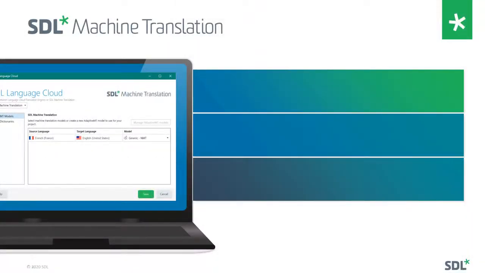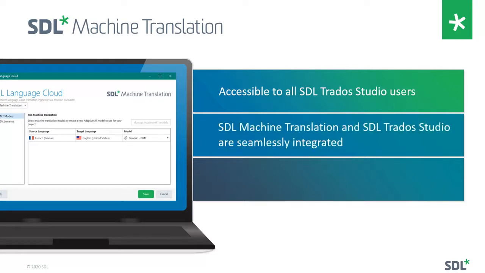SDL's state-of-the-art Neural Machine Translation (NMT) is now accessible to all SDL Trados Studio users through our seamless integrations with SDL Machine Translation. Available in over 130 neural language pairs, SDL Machine Translation provides high-quality, instant translation results from our secure cloud.